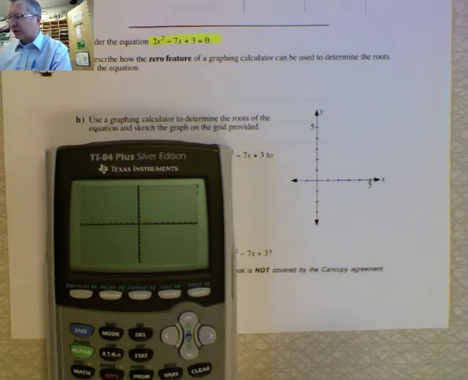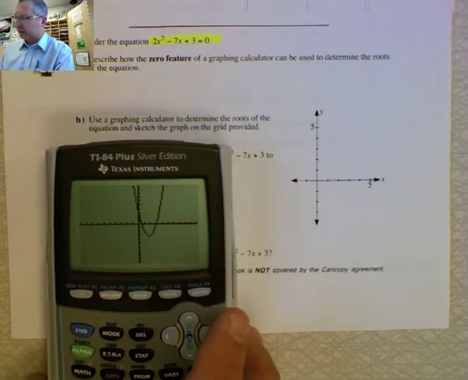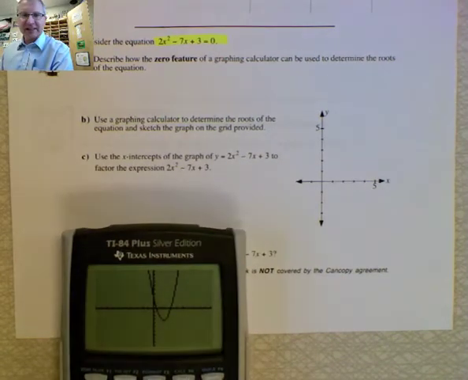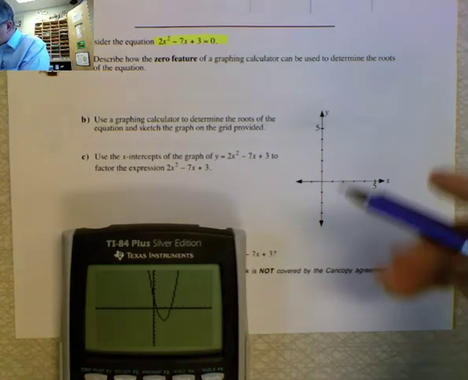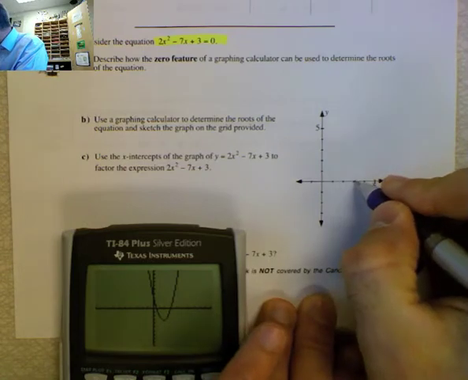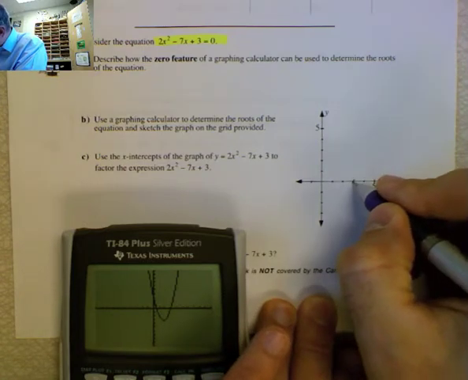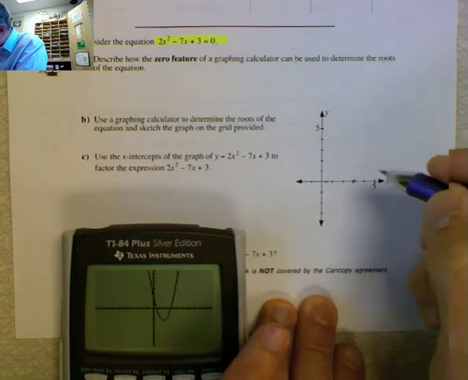Now, next thing we're going to do is hit zoom and hit 6. We want to make sure that we have a graph of this particular function. So we do, in fact, have a graph of this particular function. They want us to sketch this graph on our axis here. Well, if I look at that, it looks like my graph crosses the x-axis at about 3 and about a half.